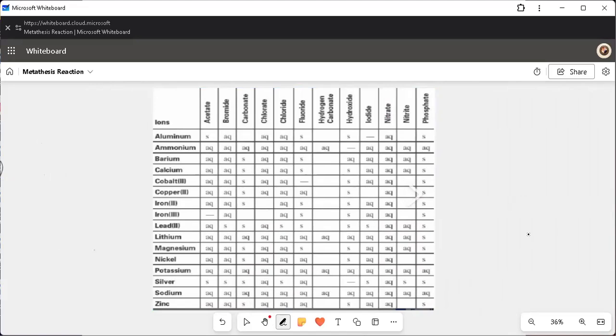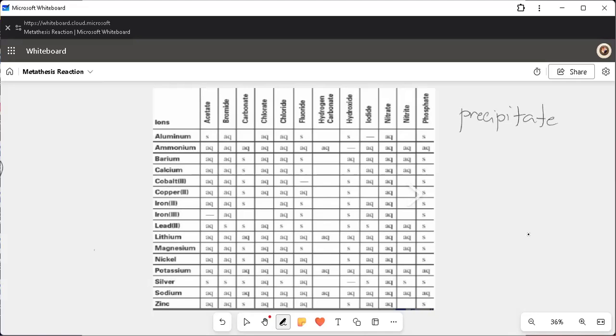You will also see symbols like S. If you see S, it means solid, meaning the product will be a solid substance. In chemistry, when we say a solid substance as a product, the term is precipitate.